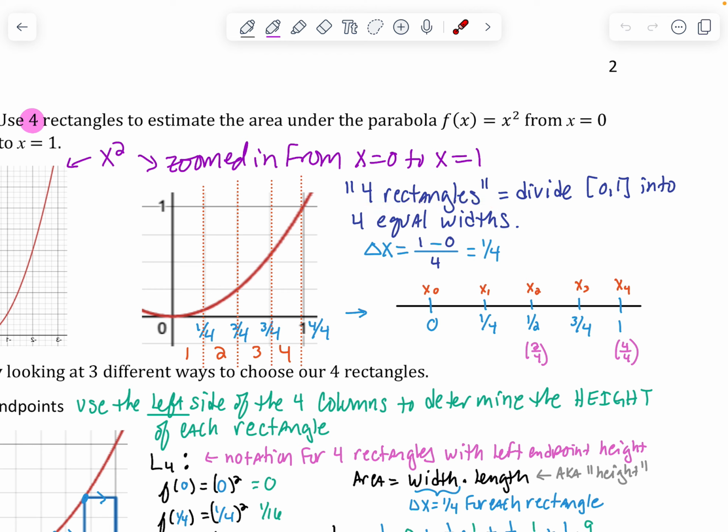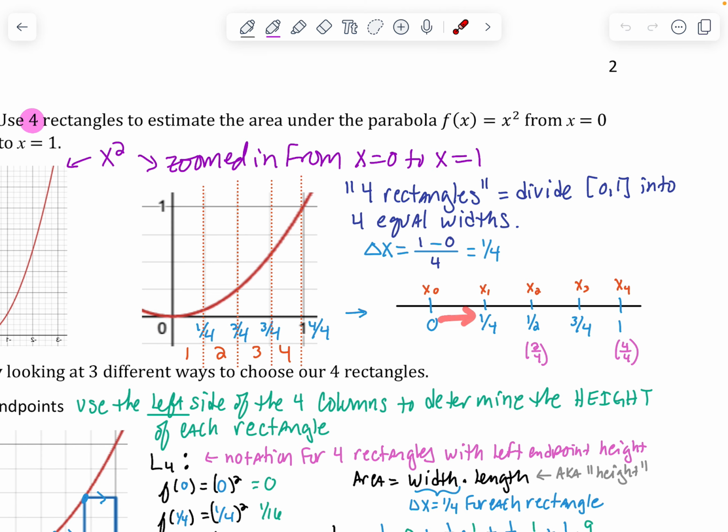This is my x squared from 0 to 1. Because I'm asked to do 4 rectangles and we need equal width, I need to divide the region 0 to 1 into 4 equal width parts. This is going to be our delta x. I take where we end, 1, where we started, 0, and subtract to find a width of 1 unit. We're dividing it into 4 equal parts, so we are going to step by 1/4 in each piece.